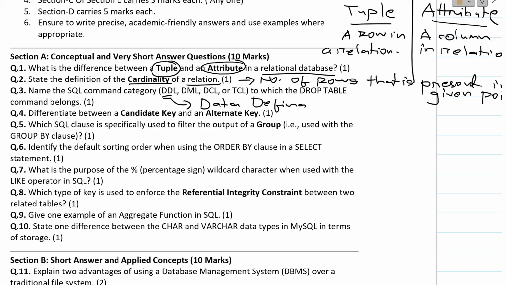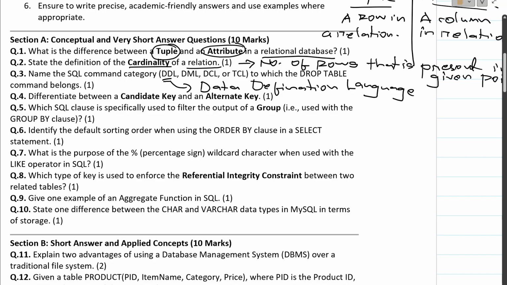Do remember, any command which is directly impacting the whole of the table will somehow come under DDL.